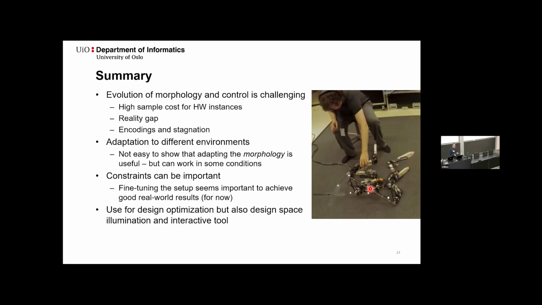That's what we tried to do, but you need to work a lot to get the constraints and the tuning right. So for now, I think that's a key part. The devil is in the details. You need to really think about how you set up your encodings, all sorts of experiments and so on, and your environment, not least, to get this to run well.